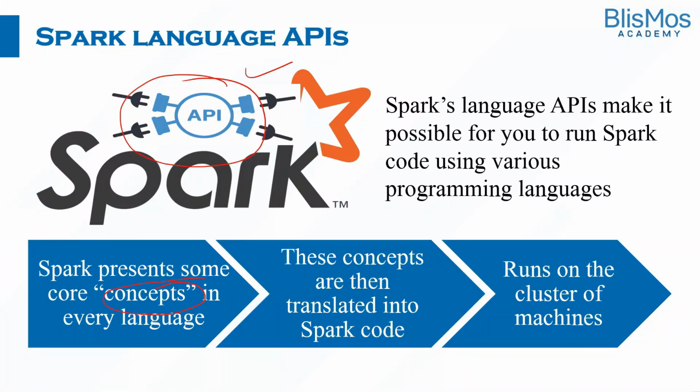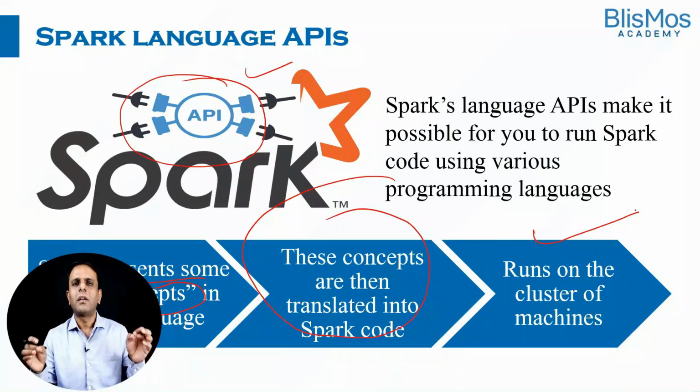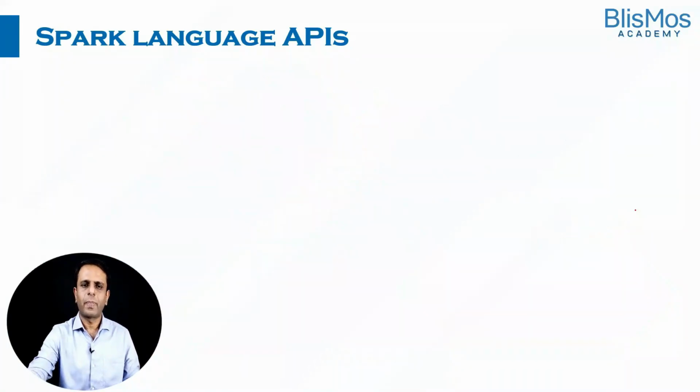Spark maintains the core concept for each of the languages, and then these are translated into Spark code. Once translated, all the Spark code is run on the different machines in a cluster. That is how code written in different languages is executed in Spark.